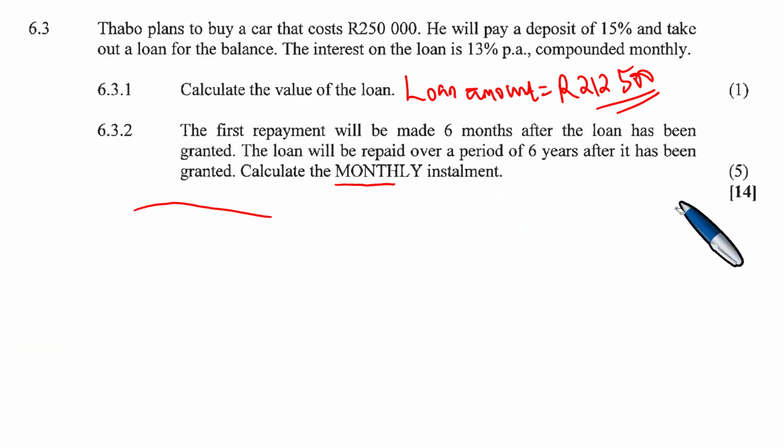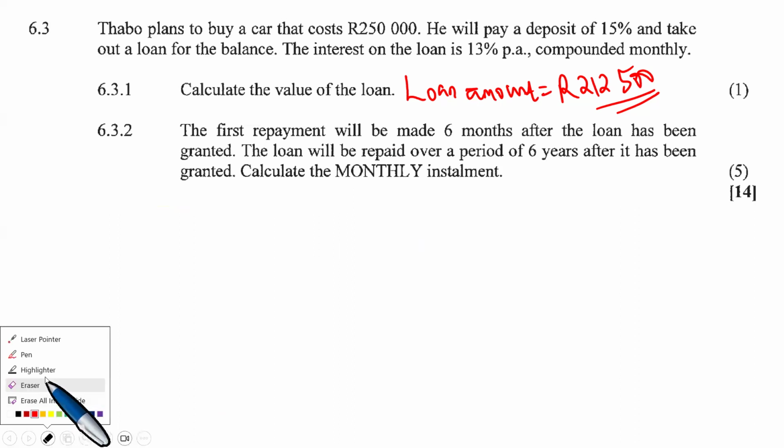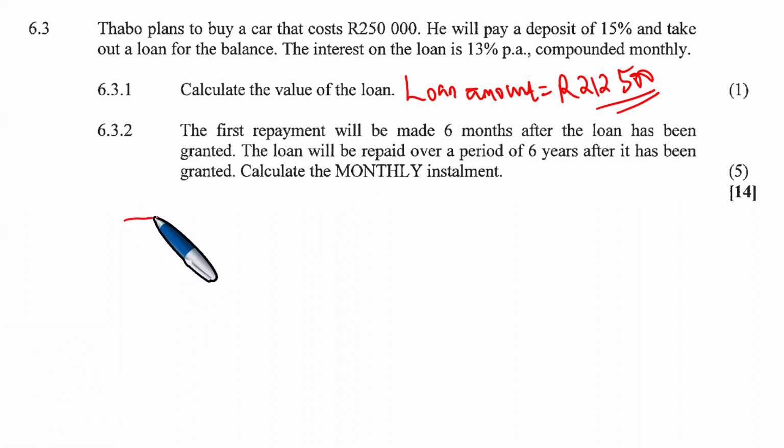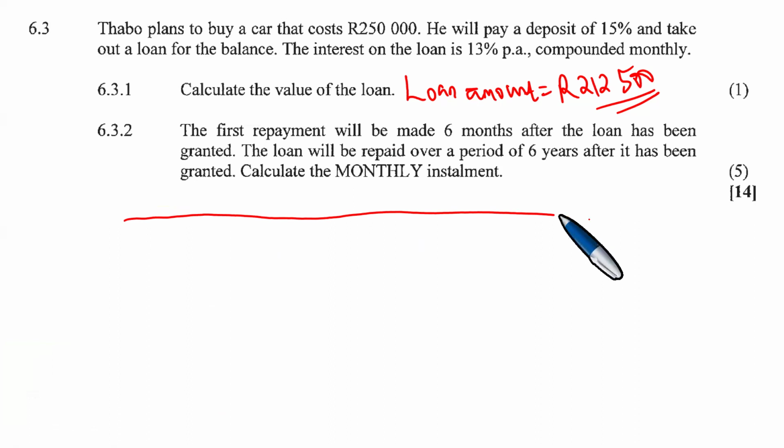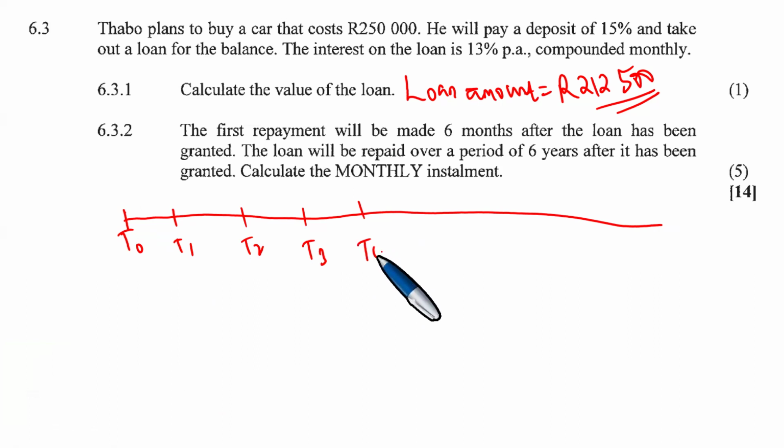The marks allocated for this are 5. So there's a little small trick, but very small. Now, you have to look at the fact that time 0, time 1, time 2, time 3, time 4, and so on.